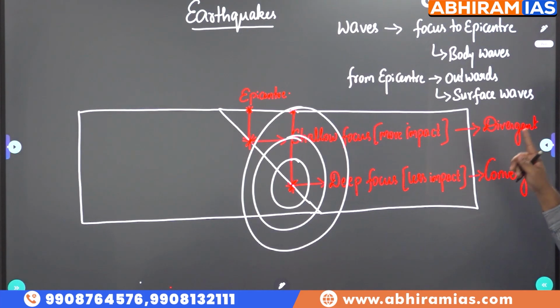From focus to epicenter is body waves; from epicenter outwards is surface waves. Okay, shall I move? Surface waves have more impact, and the impact of surface waves reduces outwards.